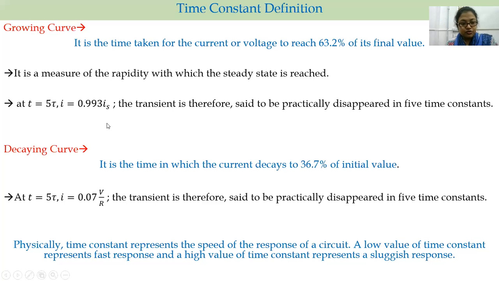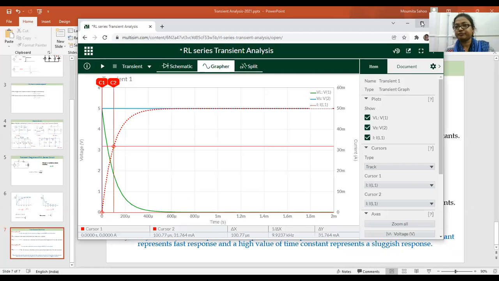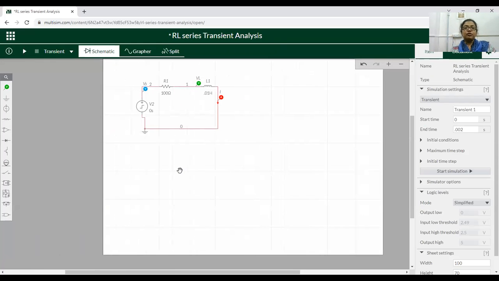Now I will show you the simulation part. The simulation part is this one. I am using the multisim.com platform. In that platform, all the components are available, and you select the required components.